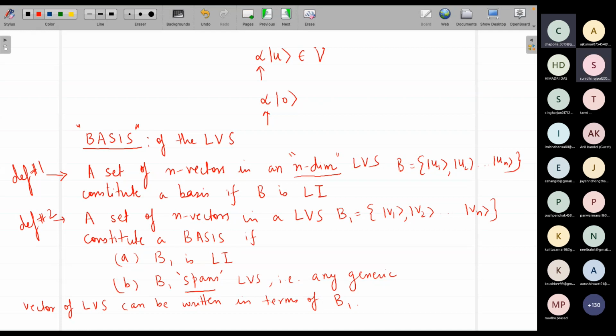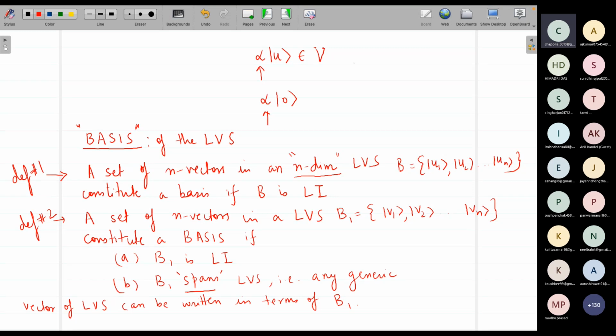Any additional vector I add, then that set will be linearly dependent or linearly independent? Dependent. It becomes linearly dependent, which means that this set of n linearly independent vectors, irrespective of what these vectors actually are, will be able to span the whole n-dimensional linear vector space.